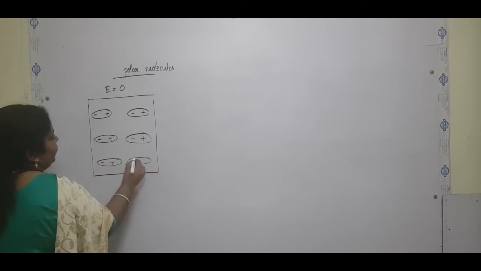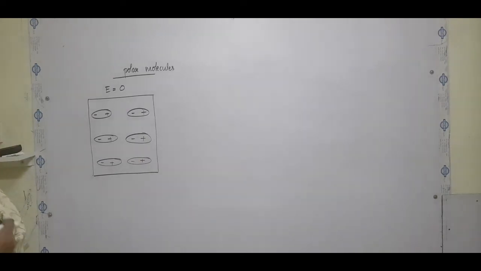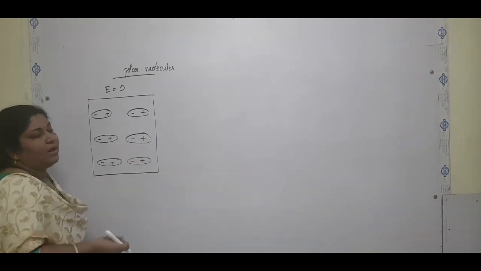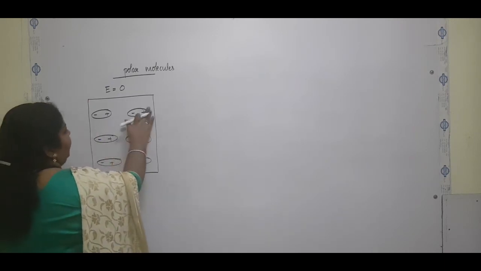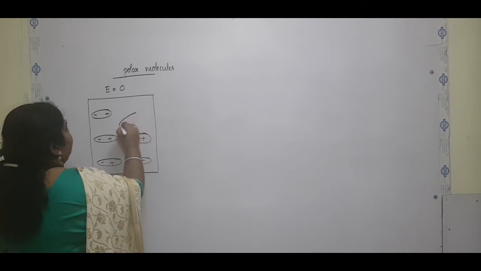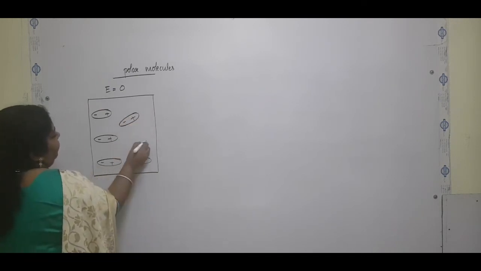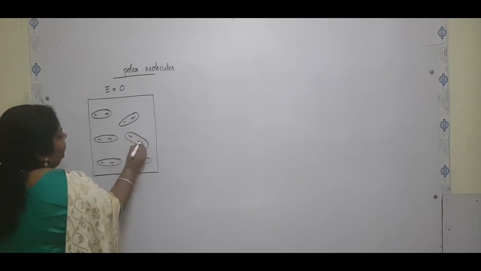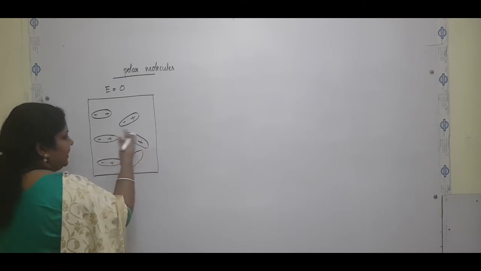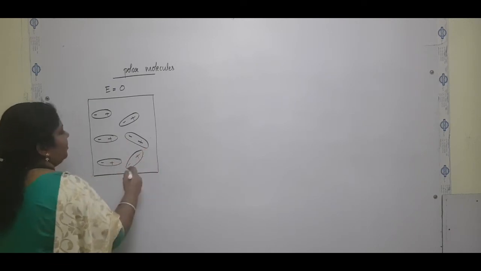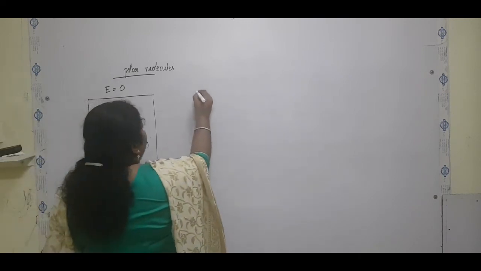Even in the absence of an electric field, the centers of positive and negative do not coincide. It has some dipole, but the dipoles are not oriented in a proper direction. They are randomly oriented, here and there. So if the dipoles are randomly arranged, the total dipole moment comes out to be 0.